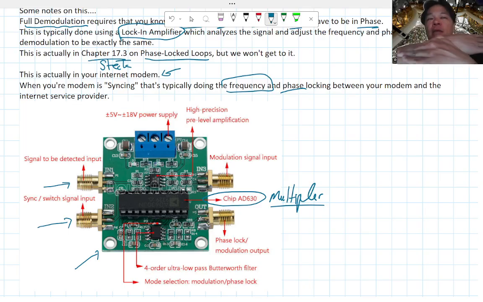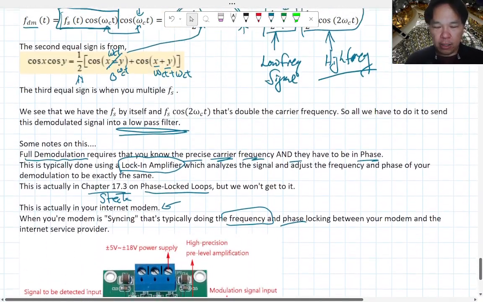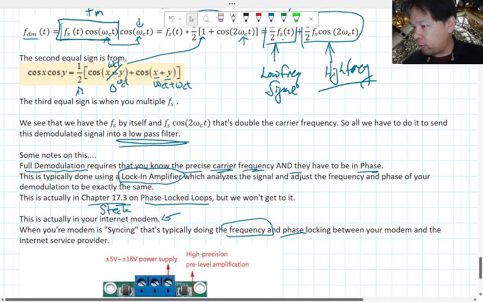And it's going to send that data back to your internet service provider: is this actually what I'm supposed to see? And then the internet service provider will tell you yes or no. And if it says no, then it does it again. And therefore, the two systems sync both the frequency and the phase together using this lock-in amplifier. Okay, so that's how full modulation works. And I will see you in the next lecture.